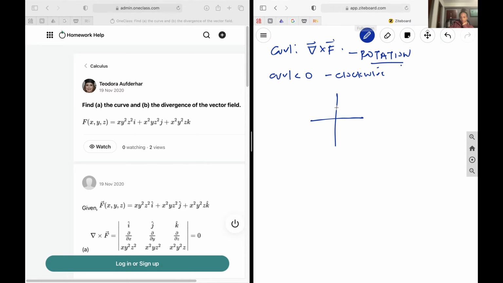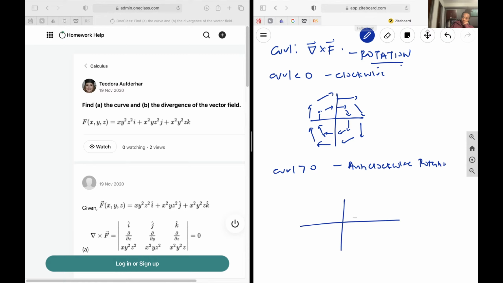Then I would have a vector field that looks like this. Okay. Now let's say I have a curl that is greater than 0, I'll have anti-clockwise rotation. And so what that looks like is in the opposite direction.